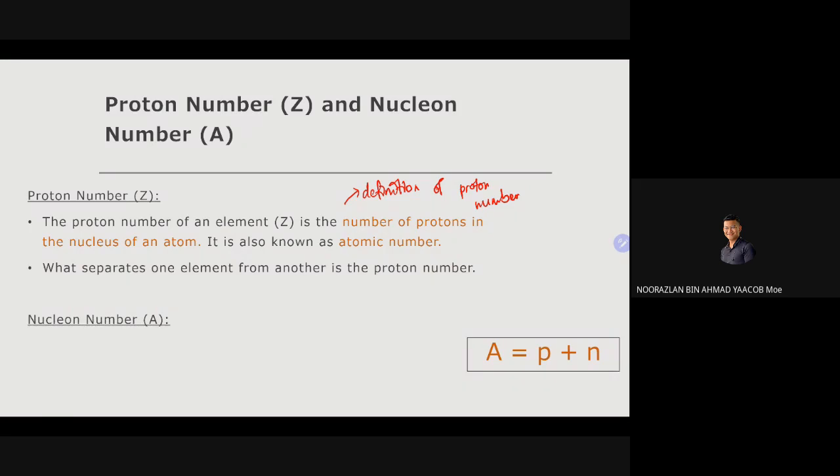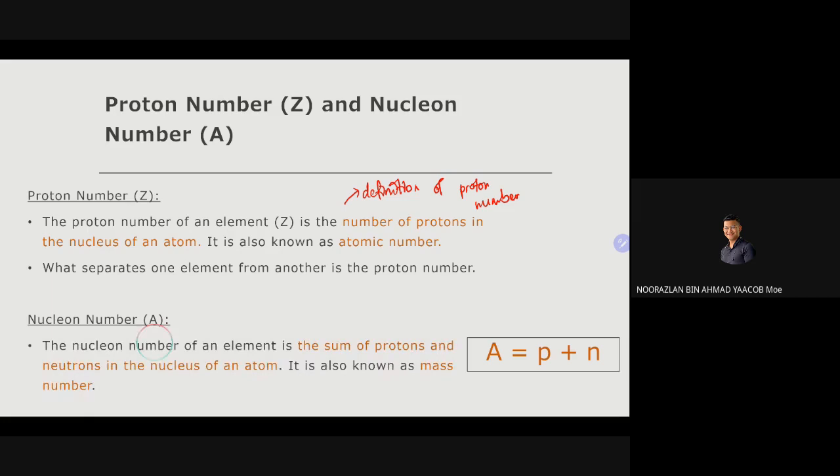And then the next one, we look at the nuclear number A. This is a symbol. The nuclear number of an element is the sum of protons and neutrons in the nucleus of an atom. It is known as the mass number. So this is the definition of nuclear number. Okay, dia adalah bilangan proton tambah neutron.